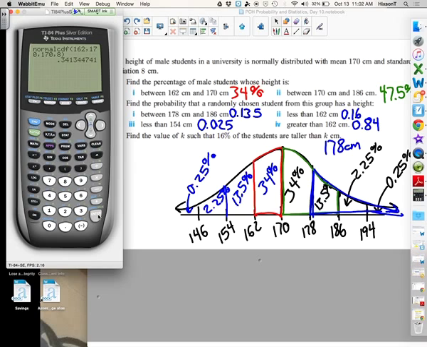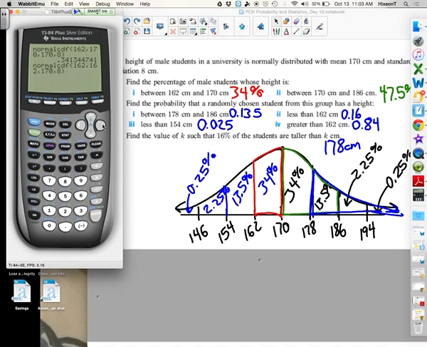Did everybody get that to work? The only thing that's a little bit tricky is when you have these ranges like less than 162. If I wanted less than 162, I would put 162 as my upper bound. What could I put in for the lower bound?